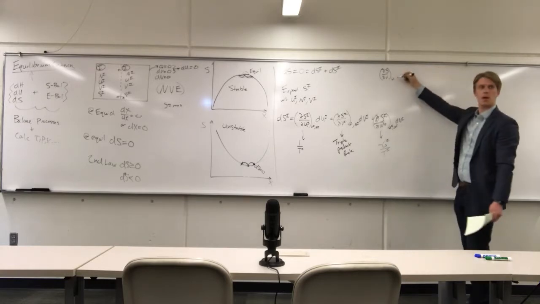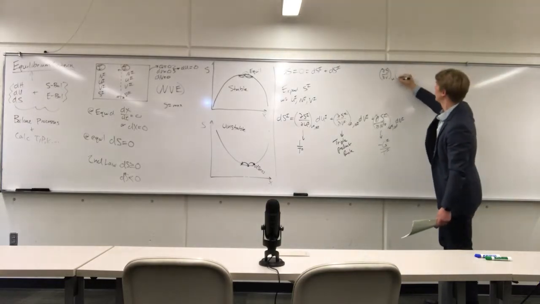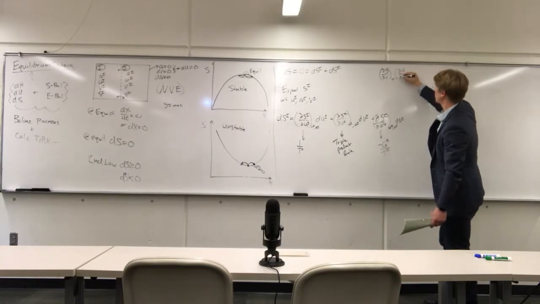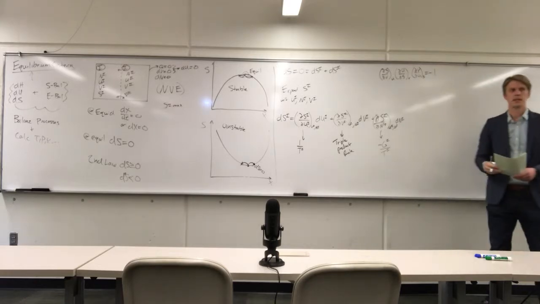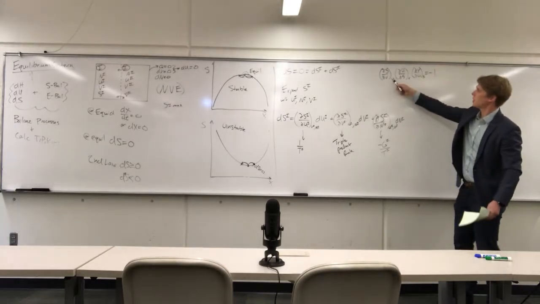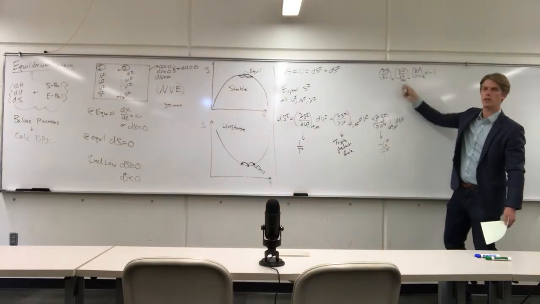And then for the triple product rule, you just go in a rotating manner. So this would be the change in internal energy with respect to entropy at constant volume, and then the change in volume with respect to internal energy at constant entropy is equal to -1. So all I did is I moved what's constant to the numerator, and that to the denominator, and that to the one being held constant, and do that twice.